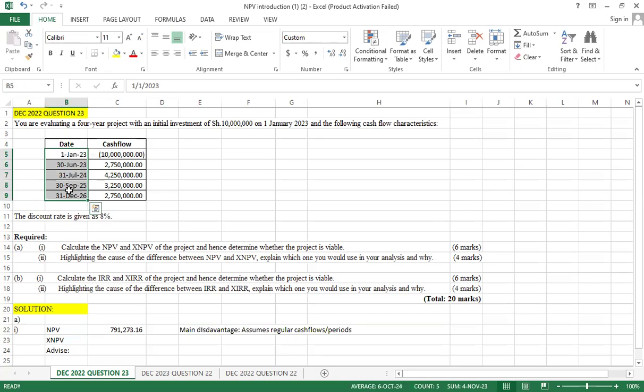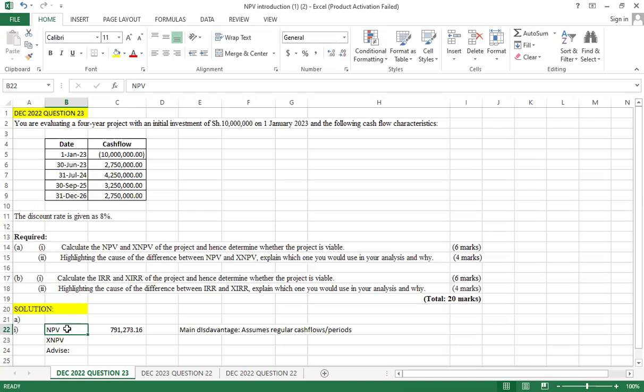For this reason, we had this thing called the XNPV developed, because the XNPV takes into account even the dates, and for that reason the XNPV is more accurate when you compare it with NPV.